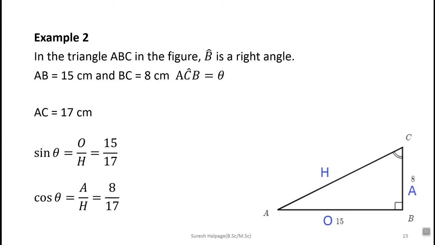What is the hypotenuse? The hypotenuse here is 17 centimeter. Sin theta, opposite over hypotenuse, 15 over 17. Cos theta, adjacent over hypotenuse, adjacent side 8, hypotenuse 17. So we can find cos theta. Likewise we can find tan theta also.